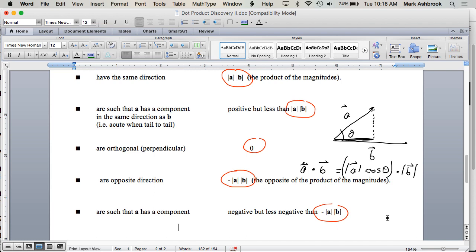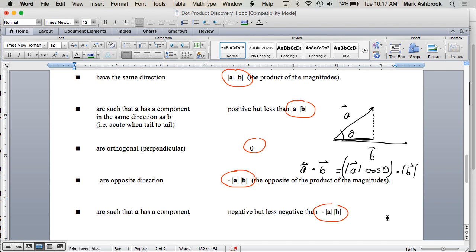So how much are the vectors in the same direction if they're perpendicular? Not at all. Therefore, the product is 0. The dot product is the product of the magnitudes in as much as they're in the same direction.